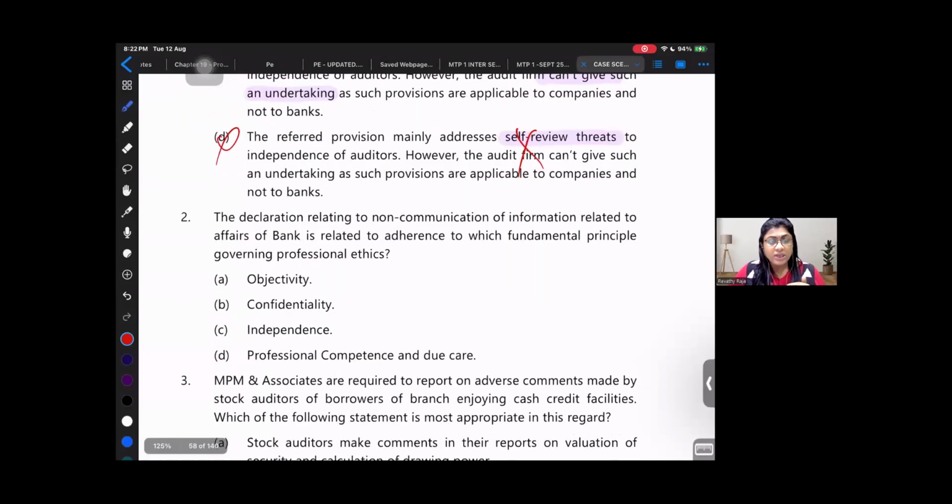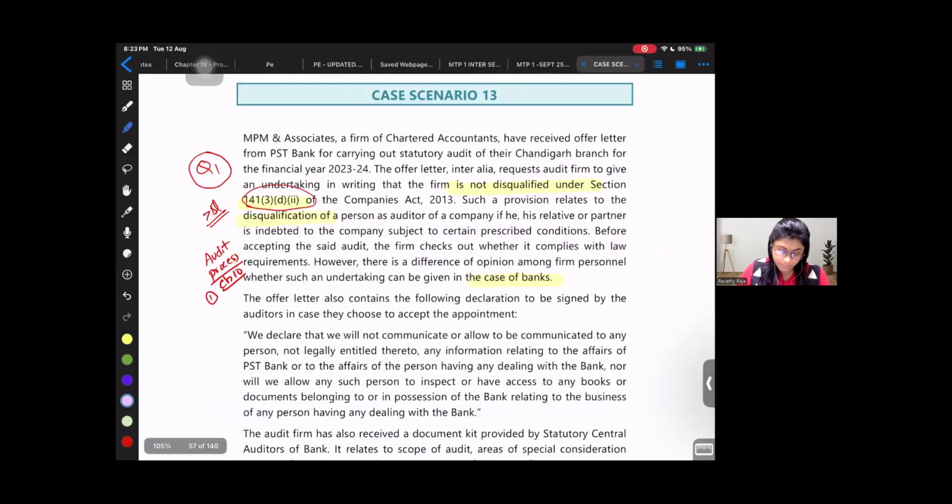Next, question 2. The declaration relating to non-communication of information related to the affairs of the bank relates to the adherence of which fundamental principle governing the ethics? So can we go back to the case study?